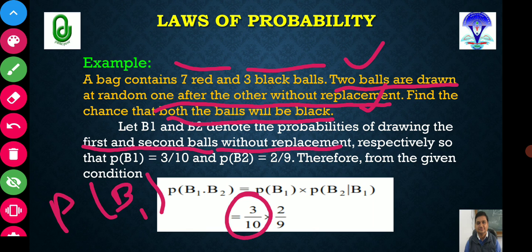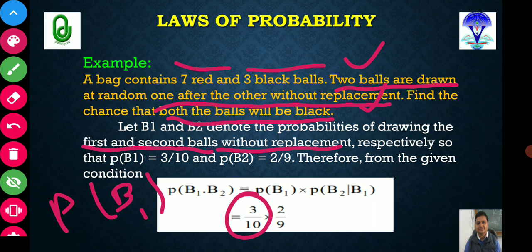Now the second ball you draw, but you have not replaced the first one, so there will be only 2 black balls instead of 3, and the total balls also reduce from 10 to 9.